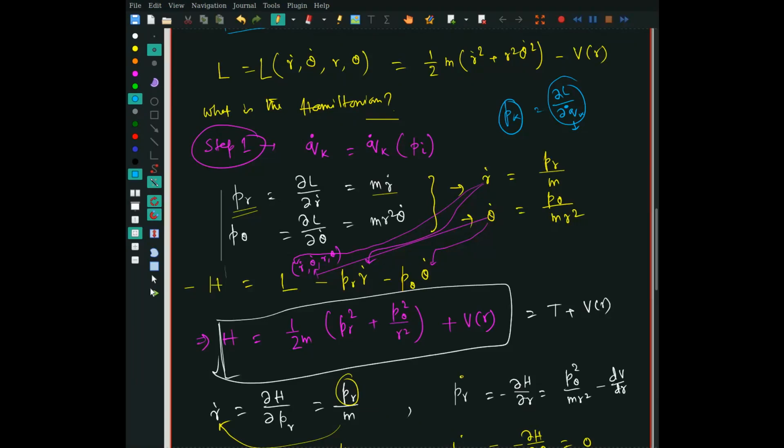Sir, suppose the Lagrangian is half m r dot plus r square theta dot square minus V or something like this, and by doing the differentiation del L by del q dot, we are finding a constant like half m. Then there is no relation between r dot and pr. At that point, how can we find it?